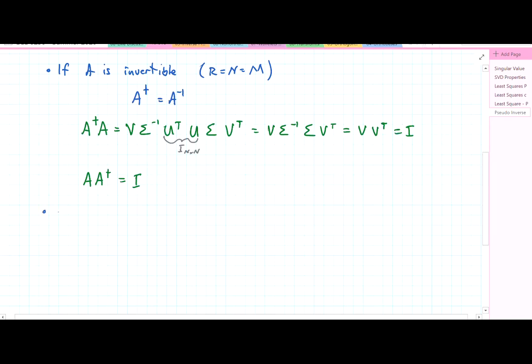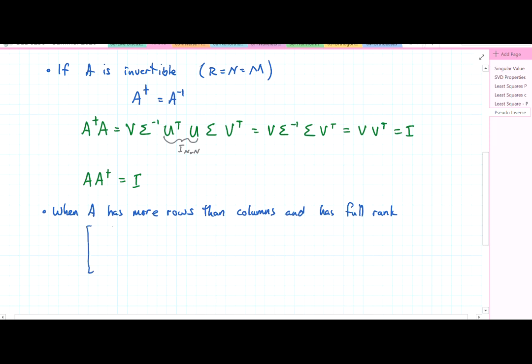Next, the property is when A has more rows than columns, and has full rank, then we have something that's tall and skinny, right?